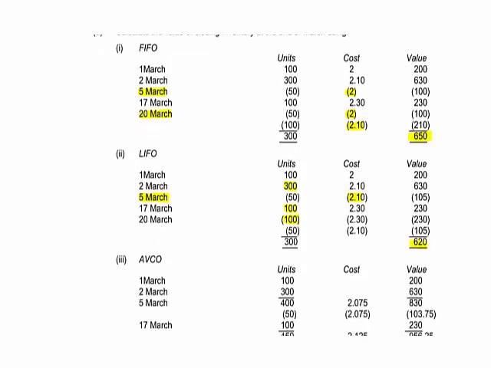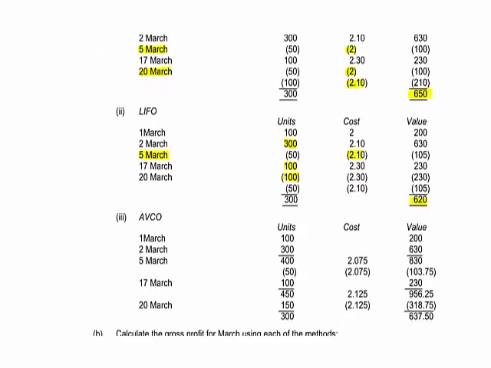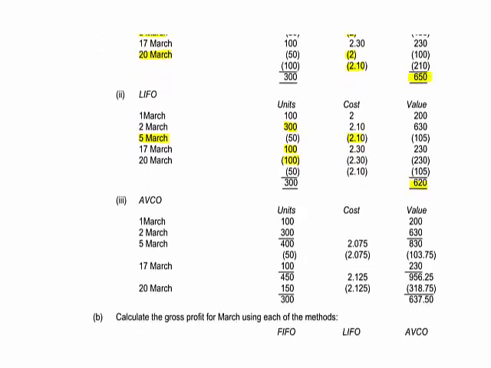With the average one, we're going to work out an average inventory valuation after every transaction. So when we've bought some more on the 2nd of March, we're going to work out what the average cost of those 400 units is, and it's just over $2, and that's what we'll use to value the issues on the 5th of March for those 50 units.